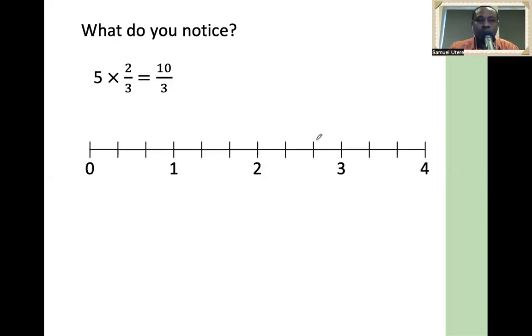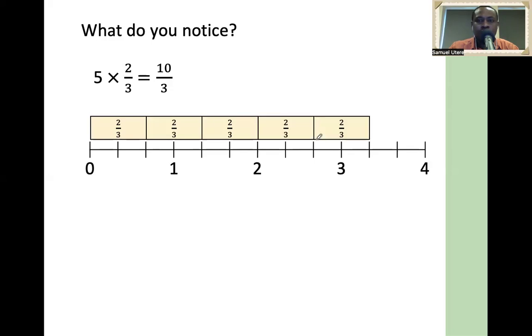Now, if you represent it on a number line, you would see exactly that, because you have to extend the number line to fit them. The 5 times 2/3. So 2/3 means you split the number line into 3 parts and you're taking 2/3 every time.